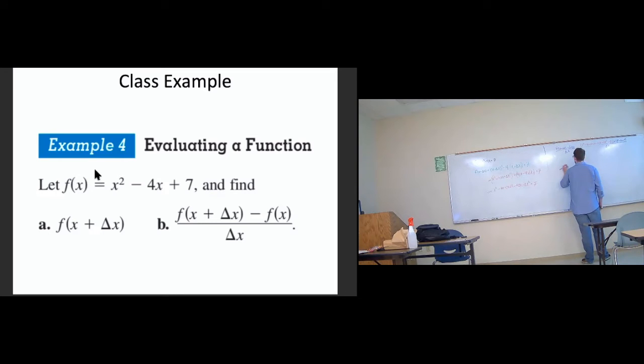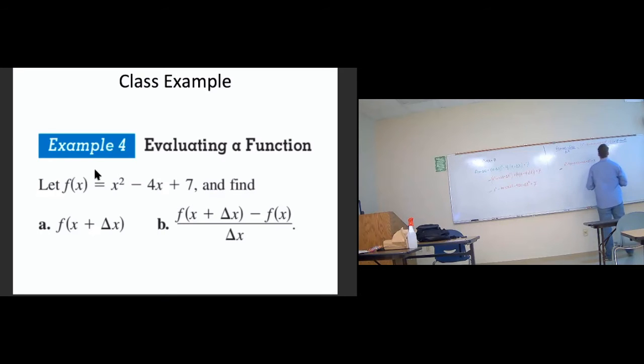When we do that, and dropping the parentheses, we have x squared minus 4x plus 2x delta x minus 4 delta x plus delta x, that quantity squared, plus 7.